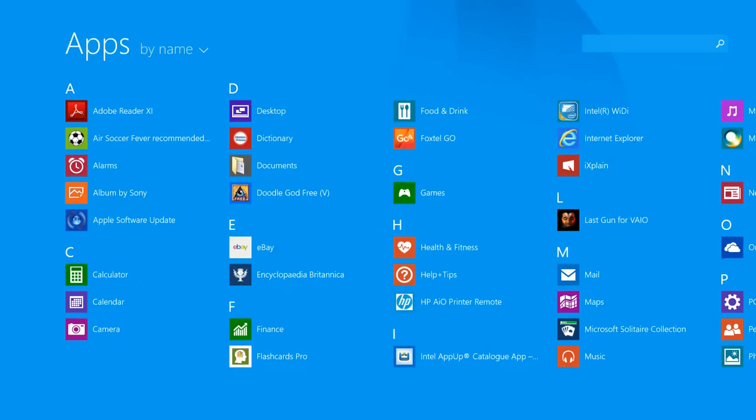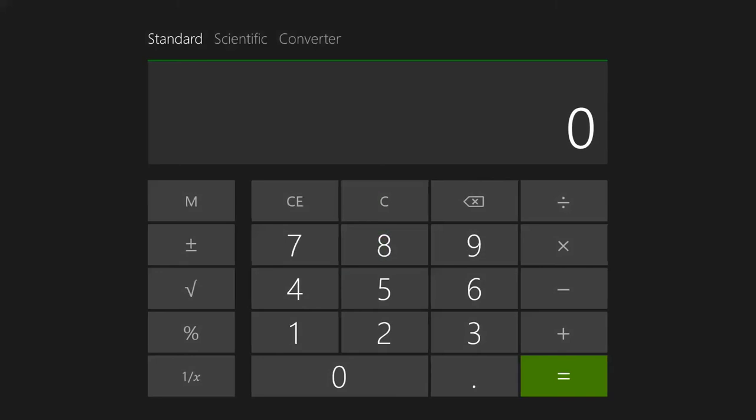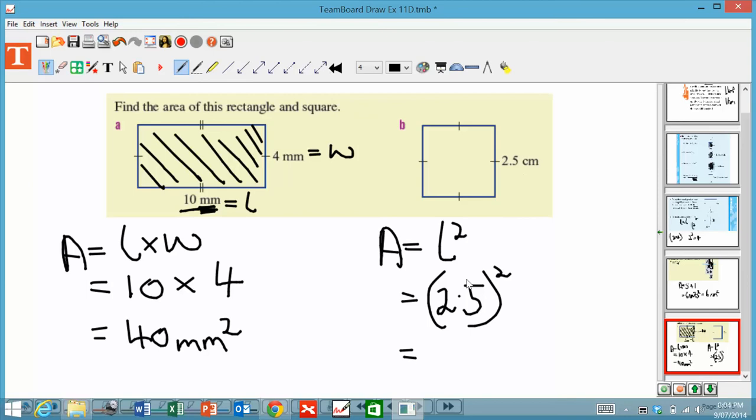So give me my calculator, bring that up, 2.5, I don't have a square here, so I'm going to multiply that by 2.5, which gives me 6.25 centimetres squared. Done. That easy. All right, really simple stuff.